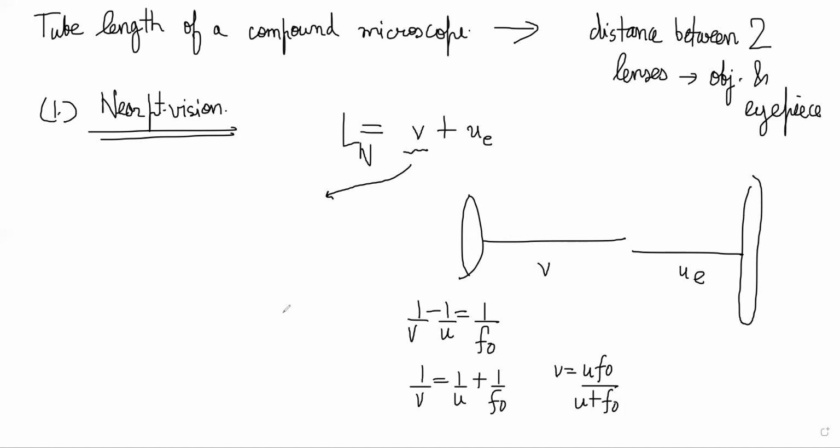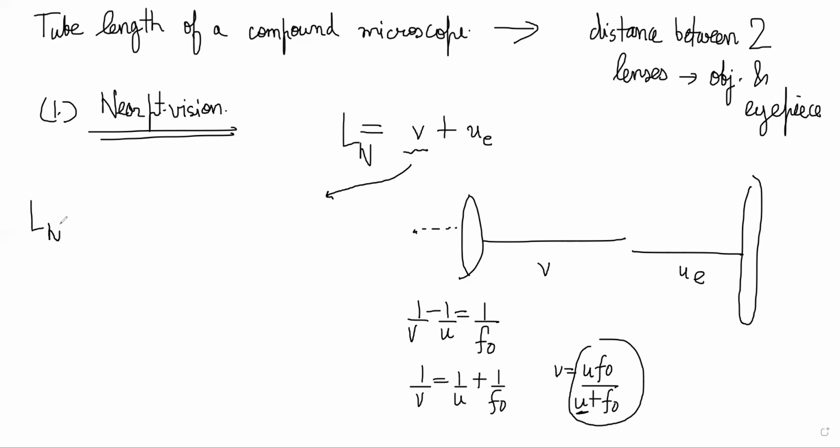Again, you will have to put a minus sign for U but a positive sign for F naught, because the focal length of a convex lens is positive and U is negative here. Don't put actual values here, then it will be wrong. Every time in optics, put the right sign according to the sign convention.